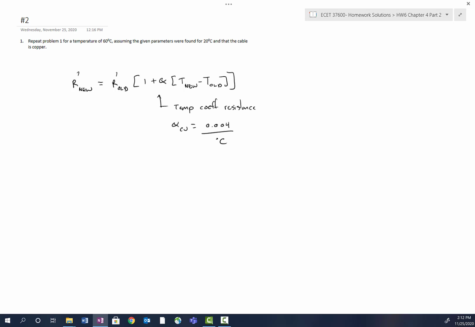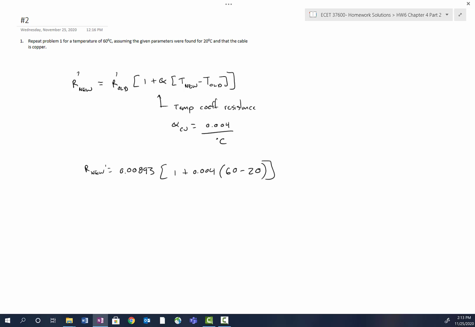That is going to be R new prime is equal to 0.00893 times 1 plus 0.004 times the temperature change. We were initially at 20, now we're going to 60. When you look up your temperature coefficients of resistance, make sure they match the units that your temperature change is in.